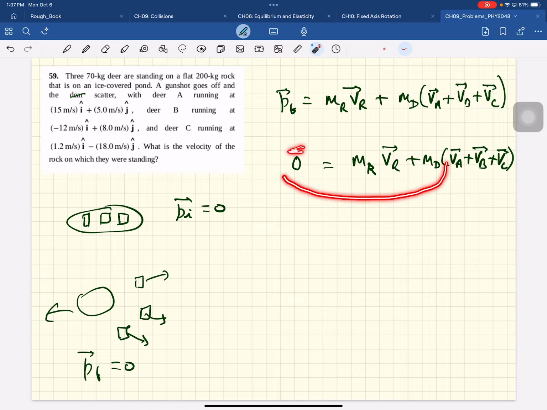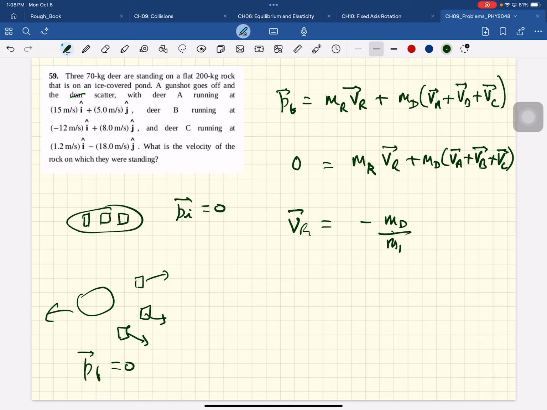We'll bring this to the left, and so the velocity of the rock is negative mass of deer over mass of rock. Mass of deer is 70 kgs and the mass of the rock is 200 kgs.